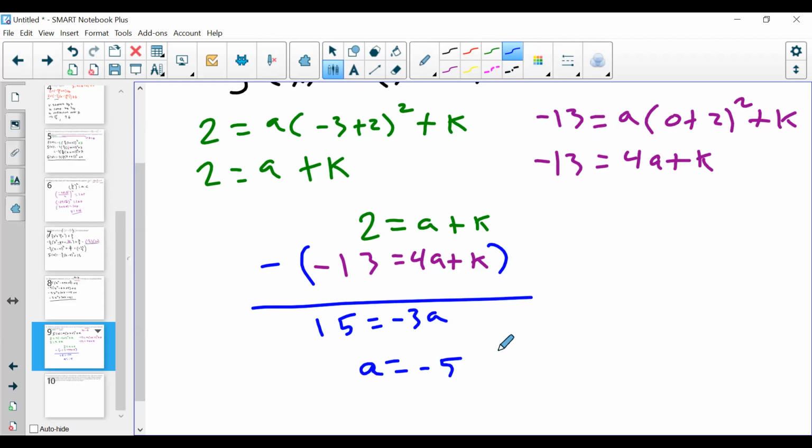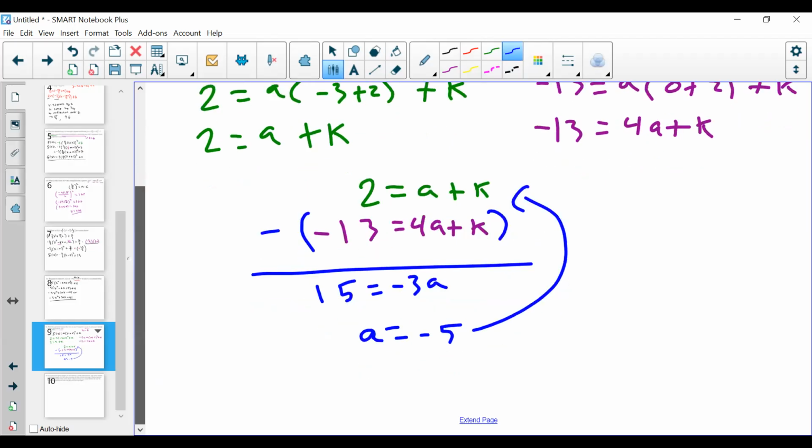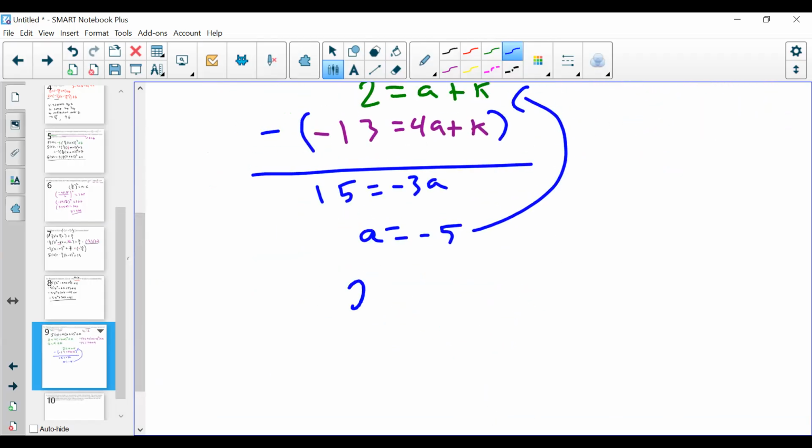So I figured out my a value, and now I can plug it into either one of these two equations, the green or the purple one, it doesn't matter. But I'm going to plug it into the green one because it'll be a little easier. So I get that 2 will equal my a value of negative 5 plus k, or that k is 7.